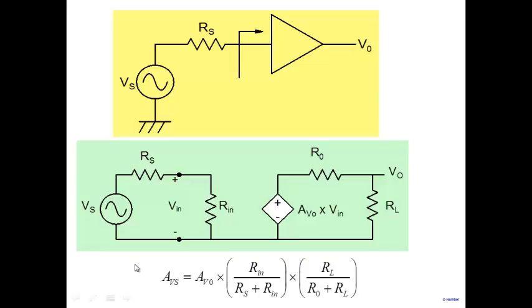So this picture that we are building is valid in the mid-frequency range. Remember we said there's a mid-frequency range, then a lower cutoff frequency and an upper cutoff frequency. In the mid-frequency range, the gain is independent of frequency. So in that region, you can build an equivalent circuit of an amplifier in this manner. If you go towards very high or very low frequencies, this picture is not correct.